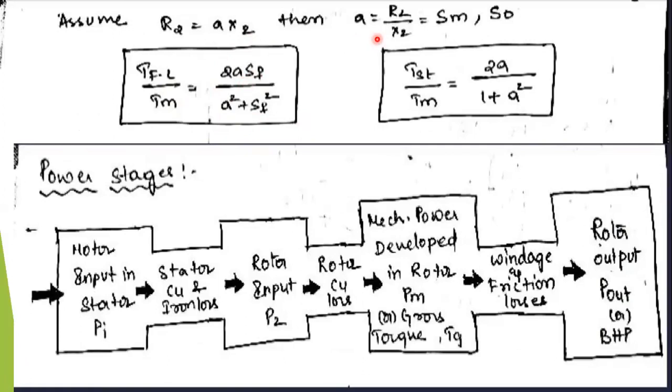And the simplified starting torque to maximum torque ratio will be 2a by 1 plus a square. These two final formulas will be used in problems. In further classes I will explain the problems in this model.